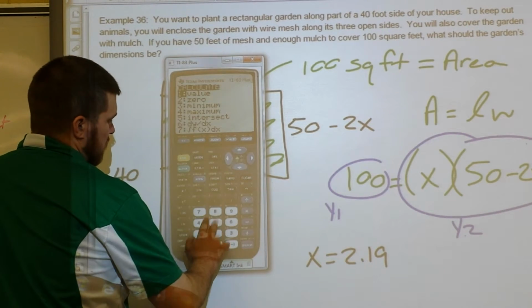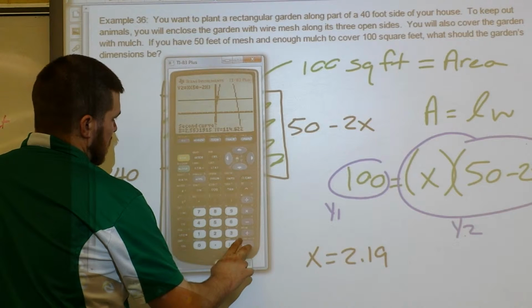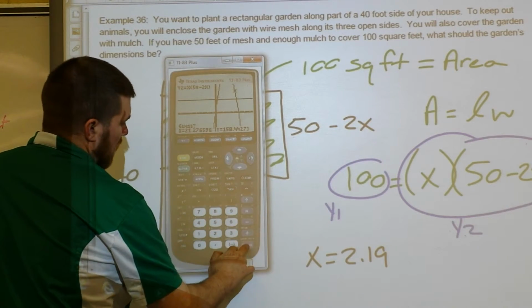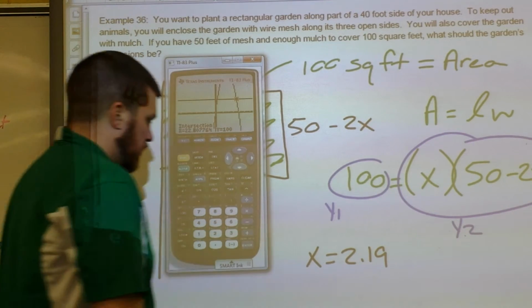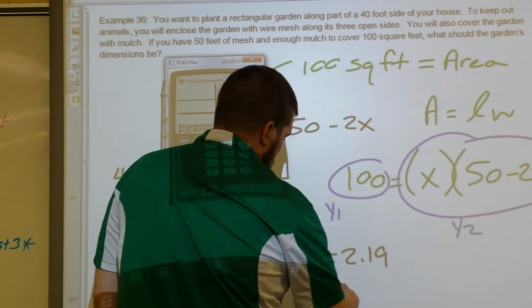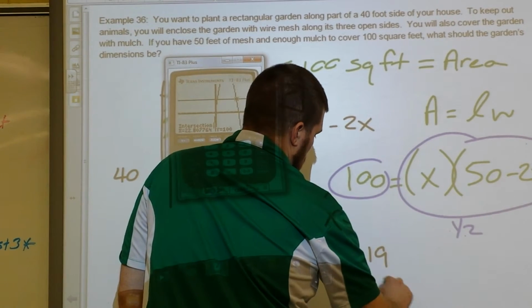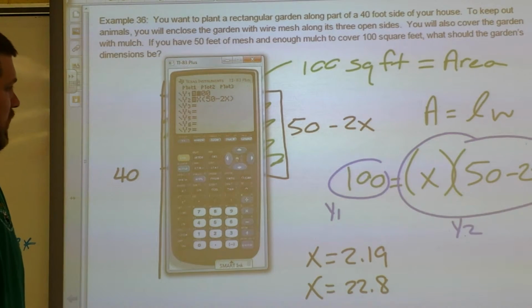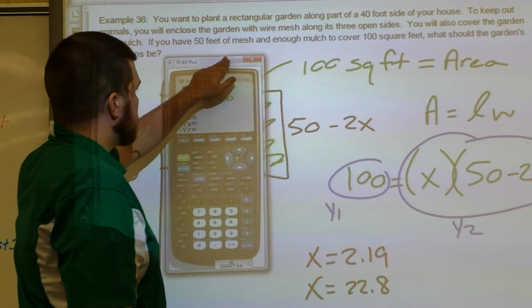Second calc, option 5. First curve enter, second curve enter, yes. Find the one on the right. Move into position. Hit enter. x equals 22.8. I just want to go to y equals, double check that I typed in everything correctly, and I did. Okay, great. So those are my two x's.